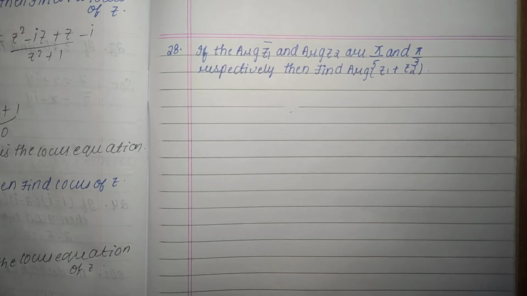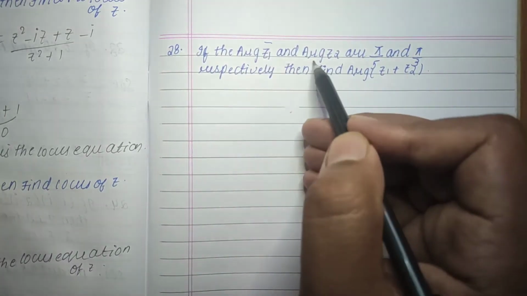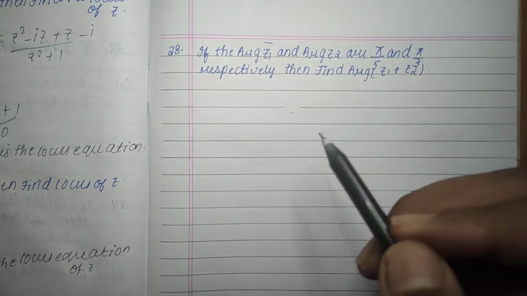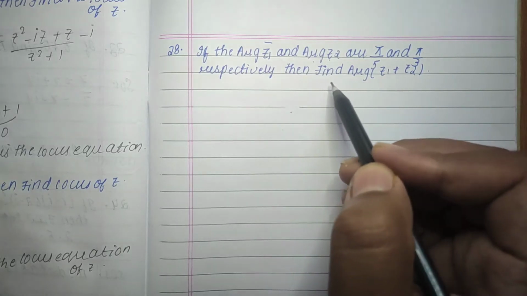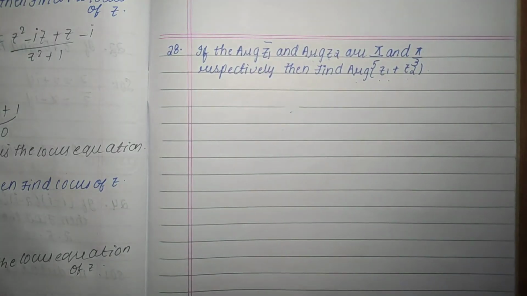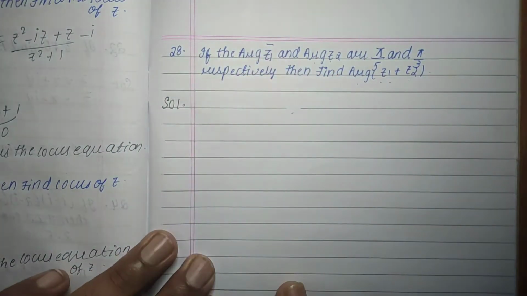I hope you have understood the previous sum. So let's go to the next sum, which is given that if arg of z1 bar and arg of z2 are pi by 5 and pi by 3 respectively, then find the argument of z1 plus z2. So solution.